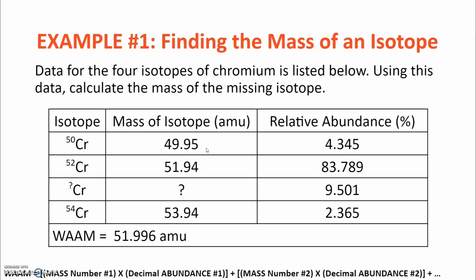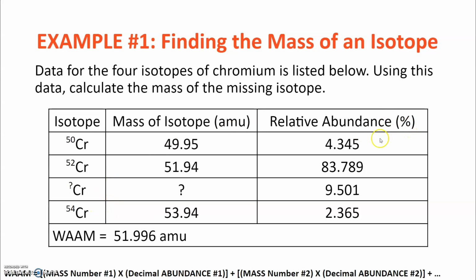And we know that 49.95 is the mass of chromium-50, 51.94 is the mass of chromium-52, and 53.94 is the mass of chromium-54.